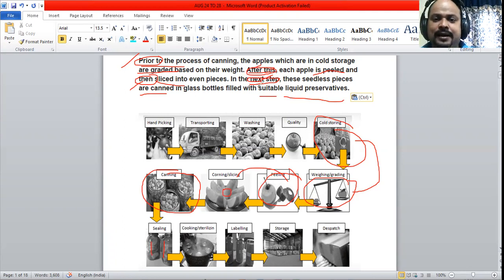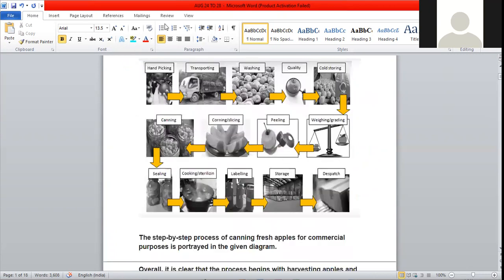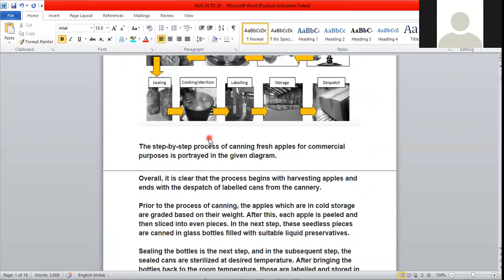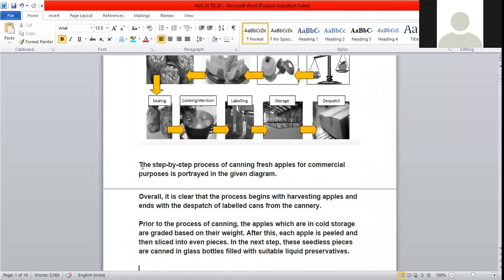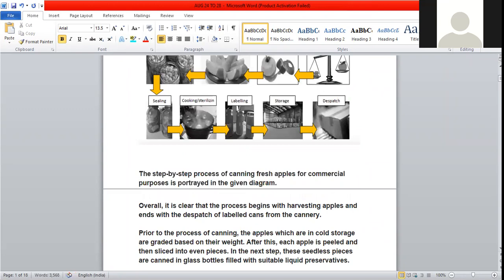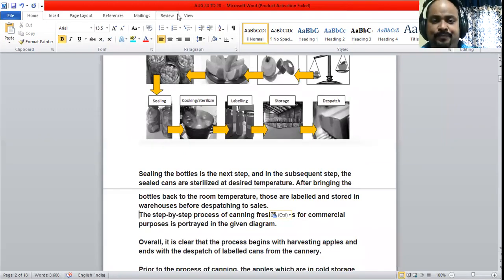Now towards the end. Sealing the bottle is the next step. So what is the next step?